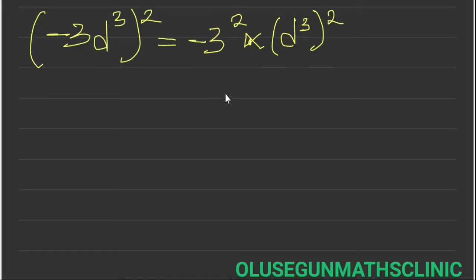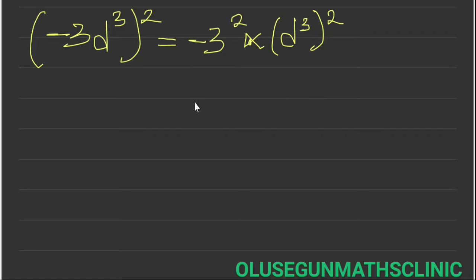So now, it is telling us that the minus 3 is raised to power 2, and d raised to power 3 is also raised to power 2, so the 2 is common. You can also use this logic to solve a tedious question later.